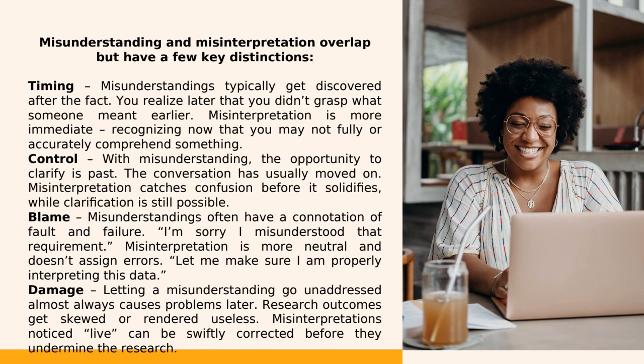Control is the second factor. So the opportunity to clarify generally rises fast, right? But it depends on whether we are talking about misunderstanding or misinterpretation. So just because misinterpretation needs shorter time, you have more control over a situation. So when misinterpretation happens, you can very easily detect it right from the beginning.